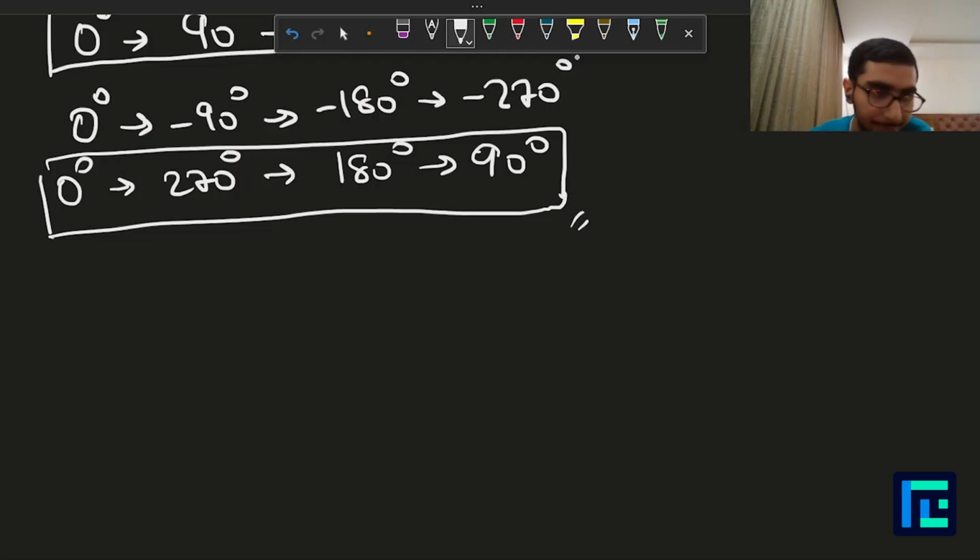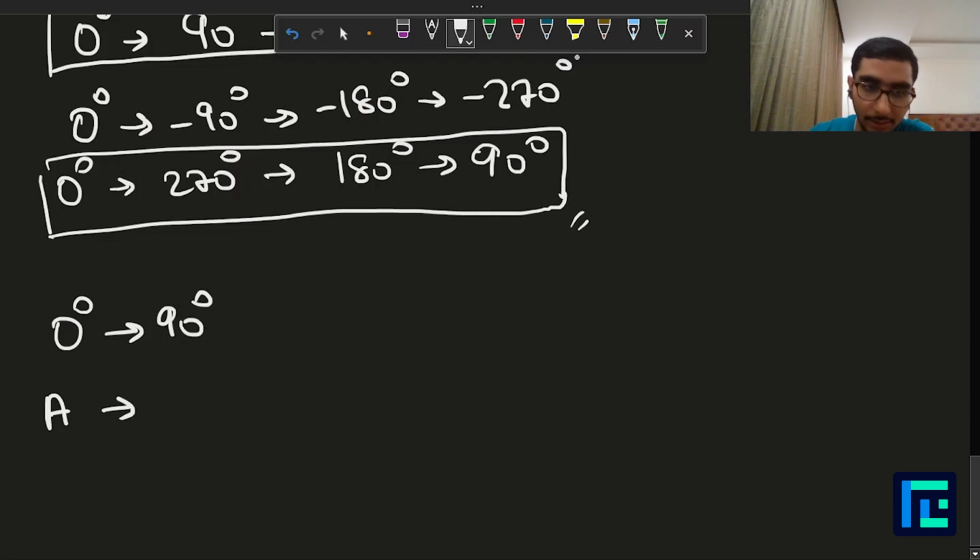So the first point: let's say I write a function which rotates a matrix by 90 degrees. So let's say I had a matrix A and I applied the function on it and it became A dash, and it got rotated by 90 degrees.